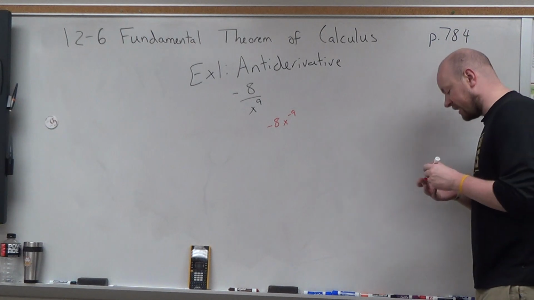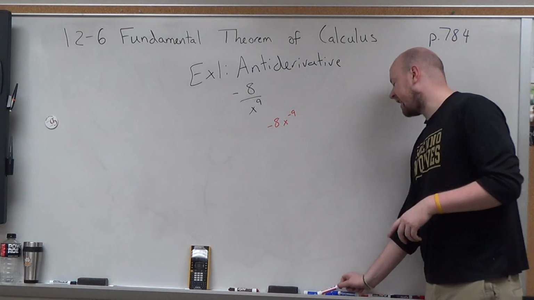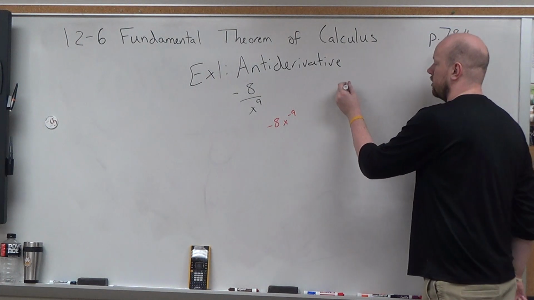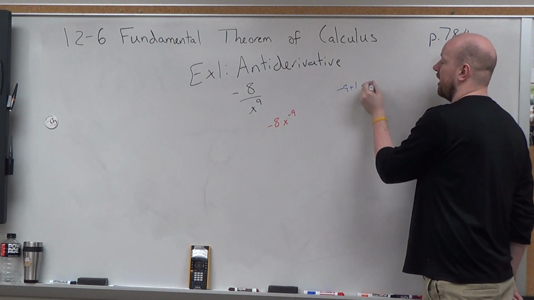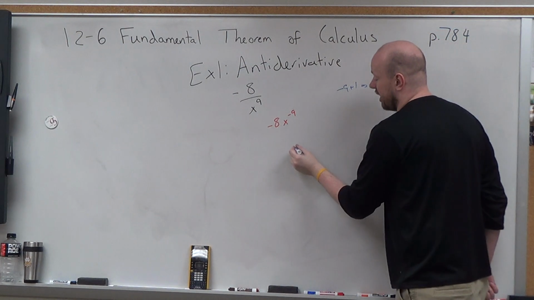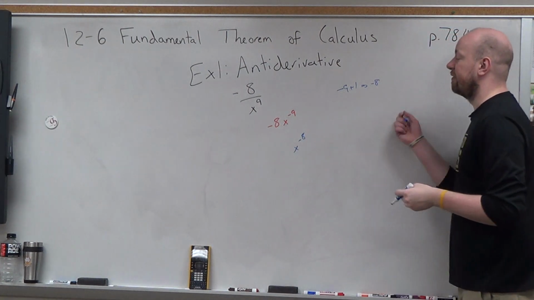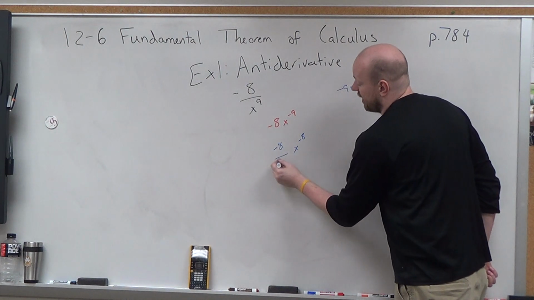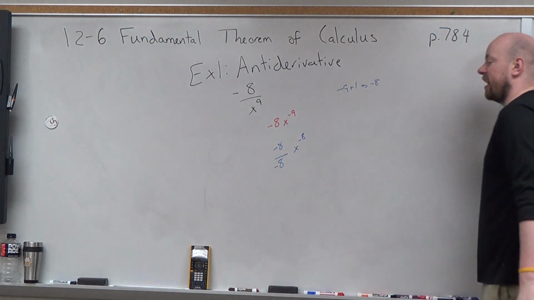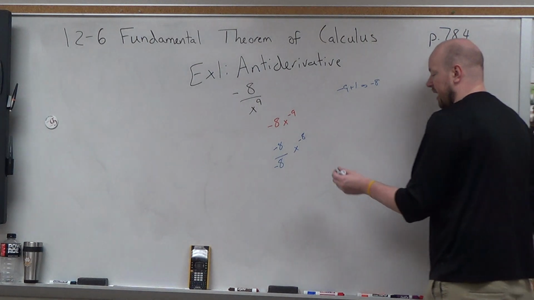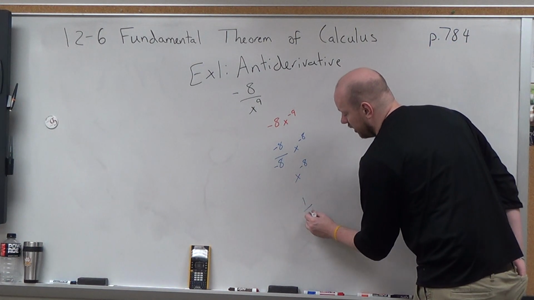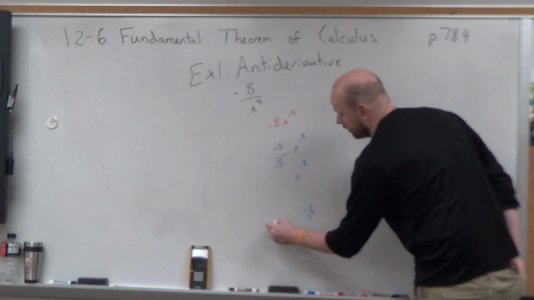Now, the antiderivative says that I would have to increase my power by 1. So negative 9 plus 1 would be negative 8. So my new exponent's going to be negative 8. And then I have to divide by my new thing. So I get negative 8 out front divided by negative 8. Well, negative 8 divided by negative 8 would just be 1. So my antiderivative would be x to the negative 8, or 1 over x to the 8.